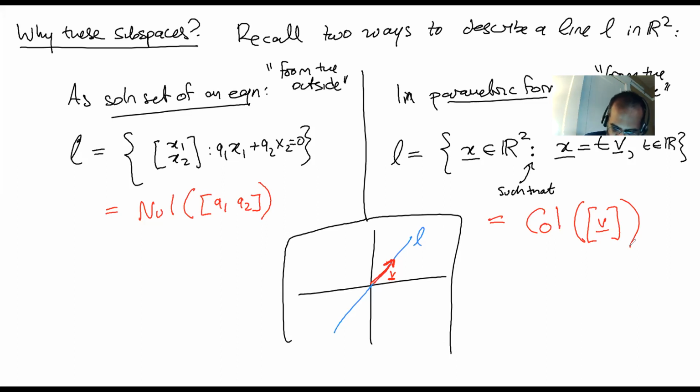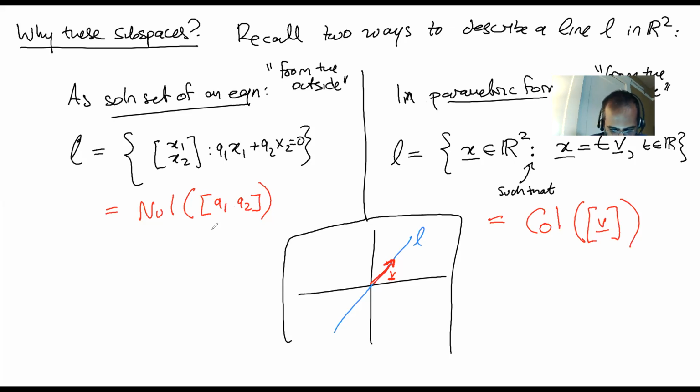Could you explain again what you mean by from the outside and from the inside? Well, I just mean that the left-hand equation is telling you that in order to be on the line, you have to satisfy some constraints. So in some ways it's telling you what's not on the line. This is just my intuition for it.